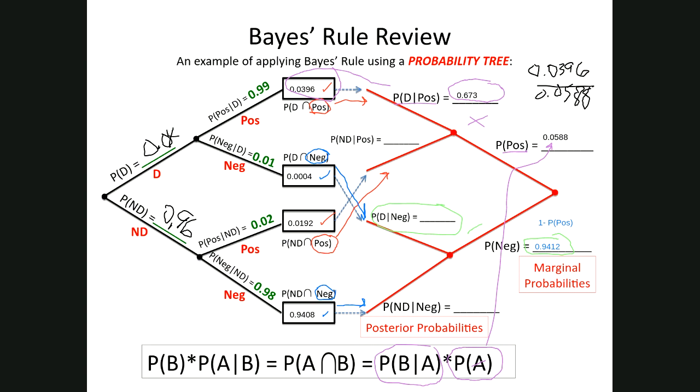Multiplying those together gives this value. And so in order to calculate this, it's going to be 0.0004 divided by 0.9412. And when you do that division, this comes out to be 0.0004. It's hardly changed.